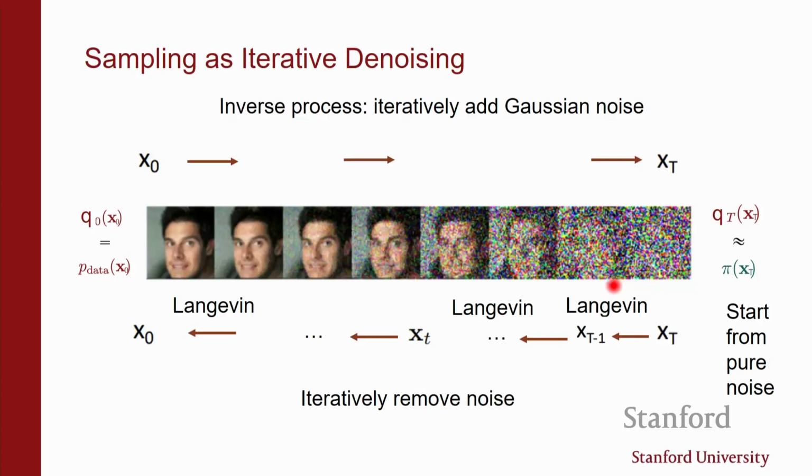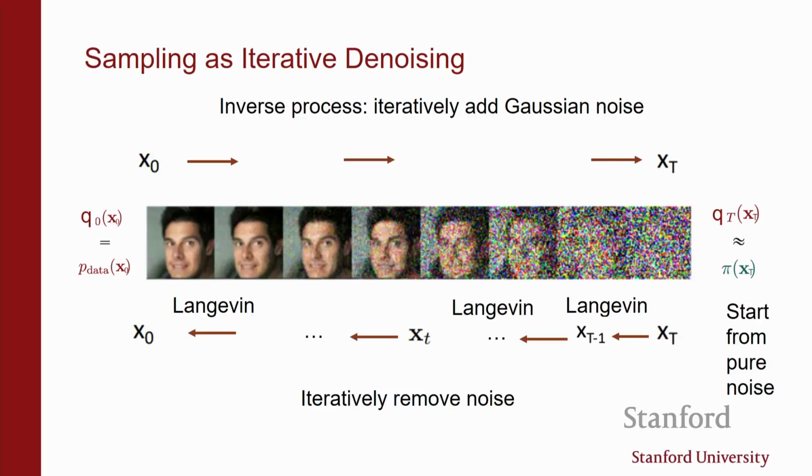And that's a very simple process where at every step, you just add a little bit of noise. So if you want to go from x0 to x1, you take a data point and you add a little bit of noise. If you want to go from x1 to x2, you take a sample from x1, you add a little bit more noise. And as you go from left to right, you add more and more noise until at the end, there is no structure left, and you're left with basically pure noise.